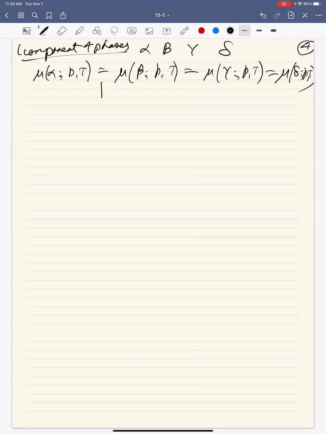So 3 equal signs, right? 3 equations in 2 variables, pressure and temperature, which is bad news. Okay, you can't have a solution.